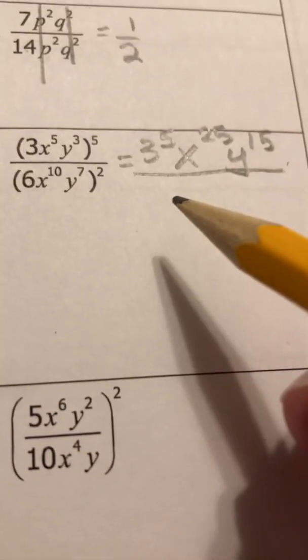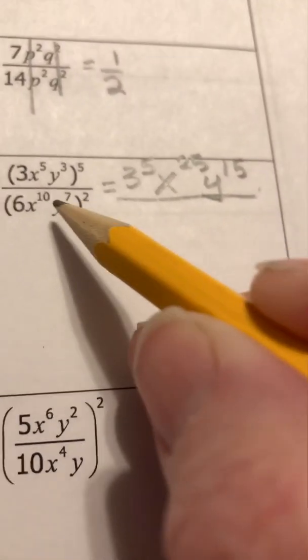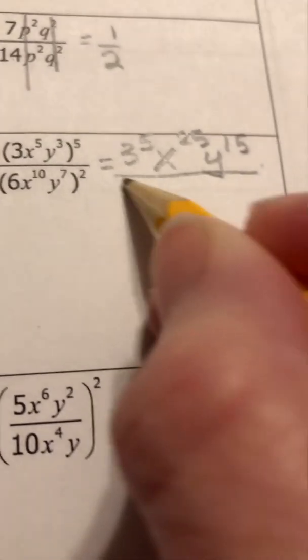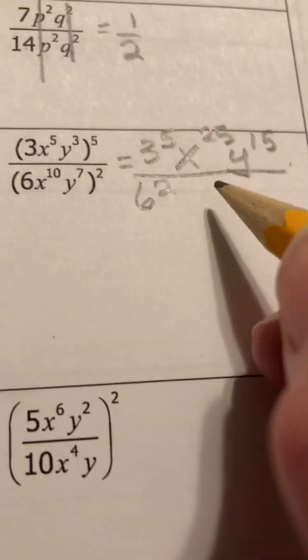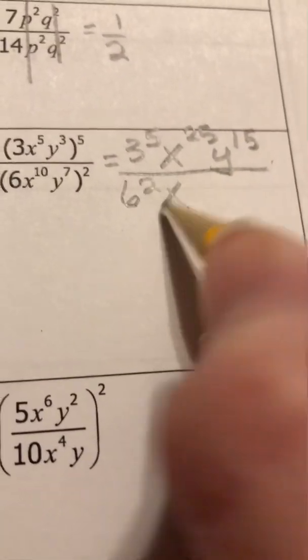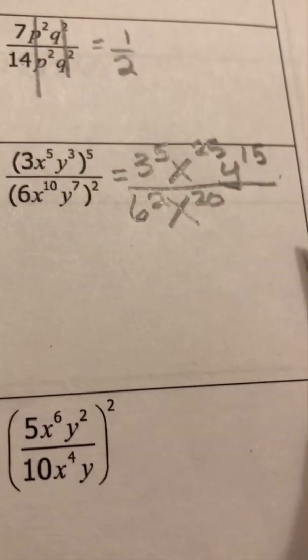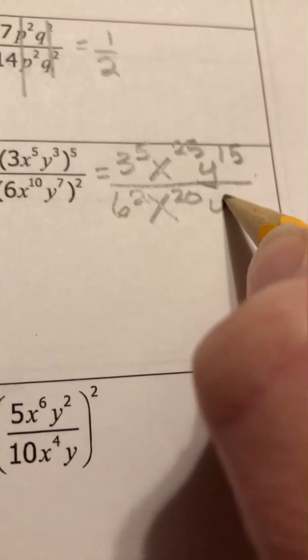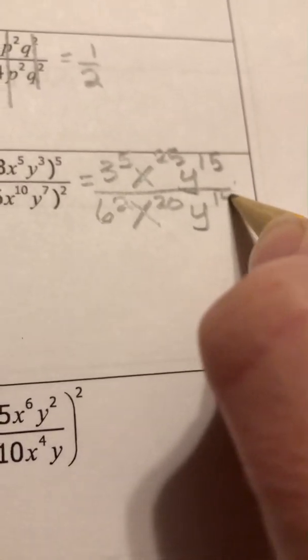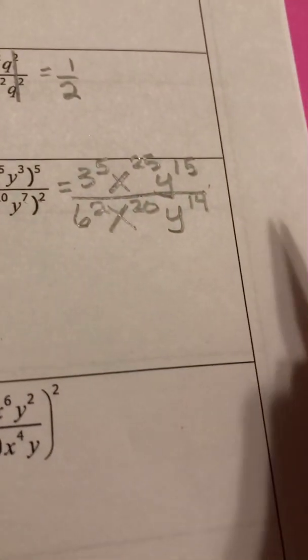So I'm going to take 6 squared and then x to the 20th and y to the 14th, 7 times 2.